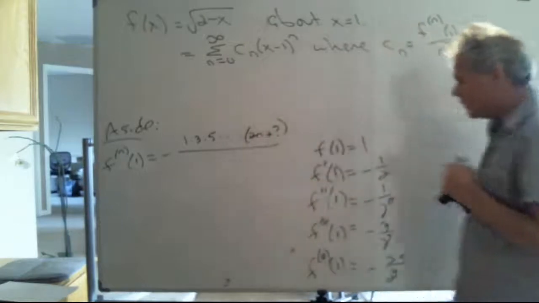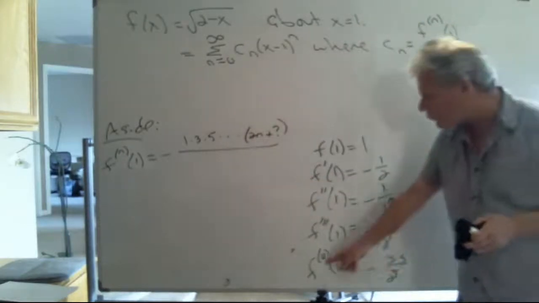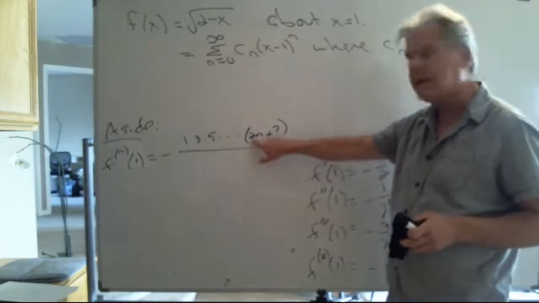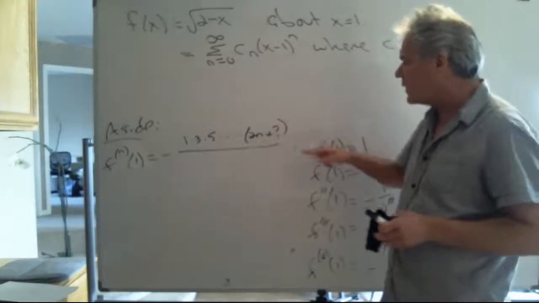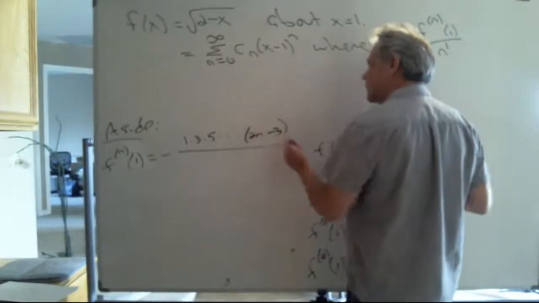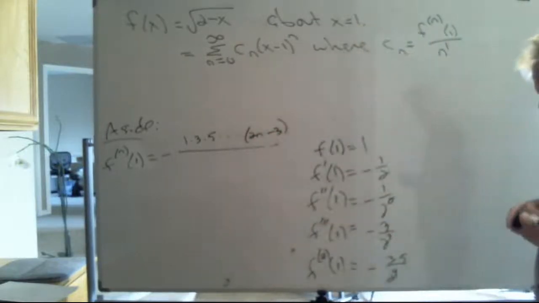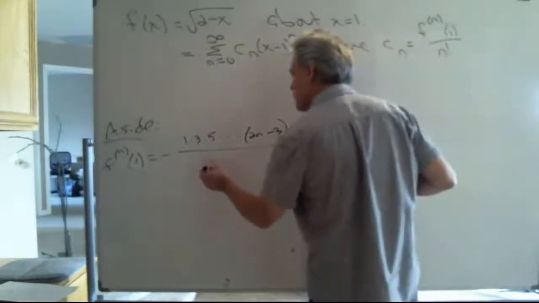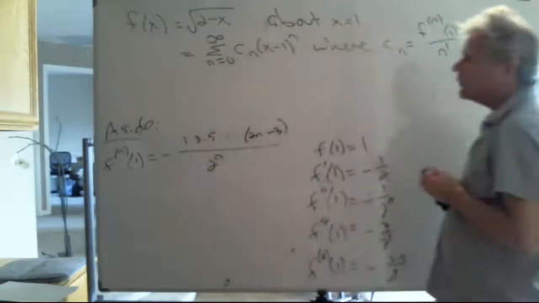To figure out what the something is, notice with the fourth derivative, that last factor upstairs is 5. But when I plug 4 in right here, I get an 8. So to force the inside of the parentheses to be an 8, the question mark must be minus 3. All over a denominator that has as many factors of 2 as I have order of derivative. So that's what f sub n is.